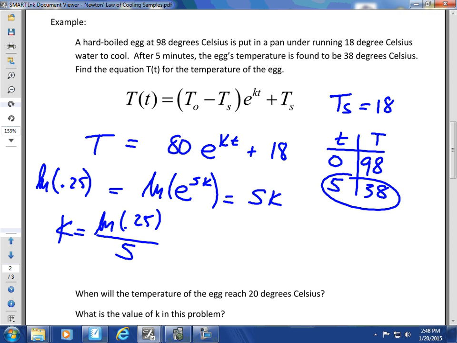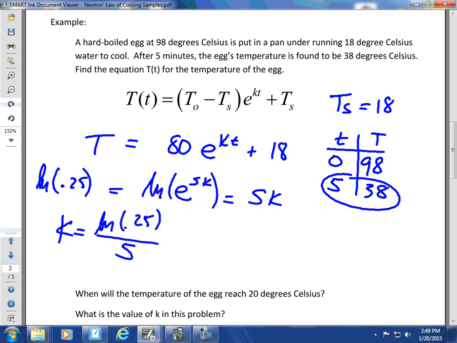I'm going to store that as k, and then I'm going to enter this function into my calculator. So we came up with the function 80 e^(kx), x is now going to be time, plus 18. Well, if I've done this correctly, the graph that's created should contain the points (0, 98) and (5, 30).